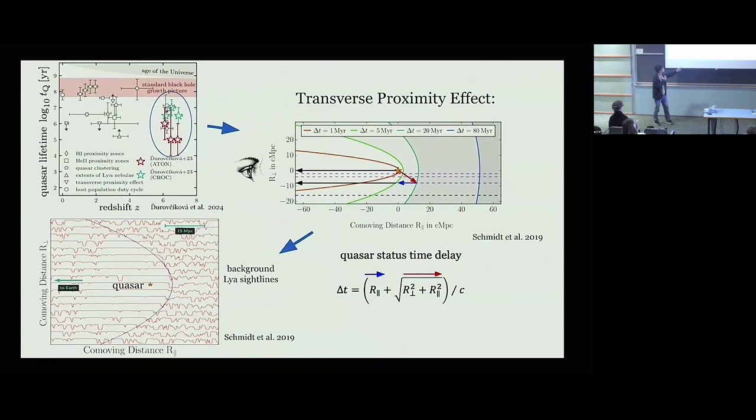And if we assume the quasar had a sudden switch on and set the delta t to the lifetime of the quasar, the resulting parabola will mark a transition from the background opaque gas to the foreground transmitted gas.